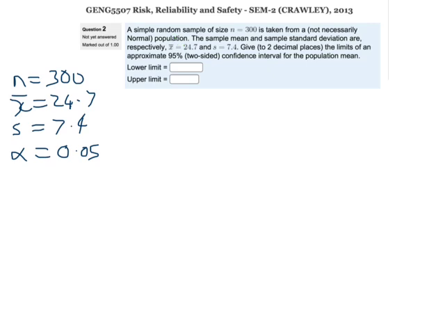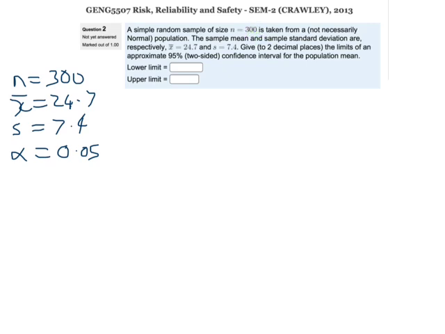But for a non-normal population, that same z-score gives a good approximation when n is greater than 30. So if we know the standard deviation, but in this case we don't, and n is greater than 30, 300 is obviously 10 times 30.